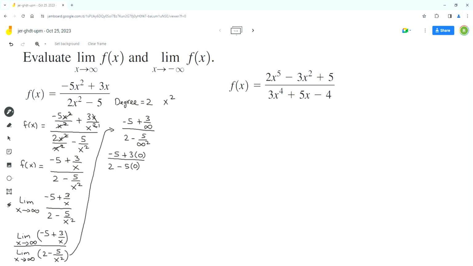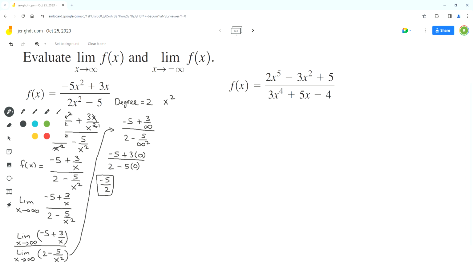In the numerator, 3 times 0 is 0, and negative 5 plus 0 is just negative 5, and in the denominator 5 times 0 is 0, and 2 minus 0 is 2. So this should be the final answer for the value of the limit as x approaches positive infinity.